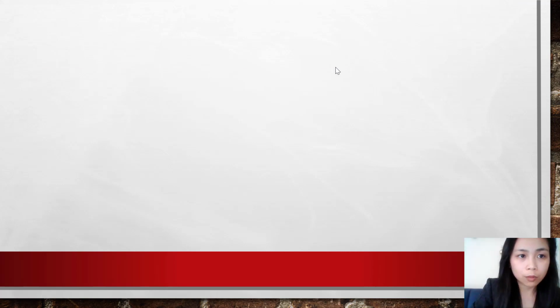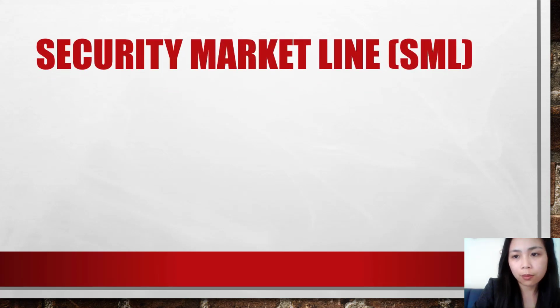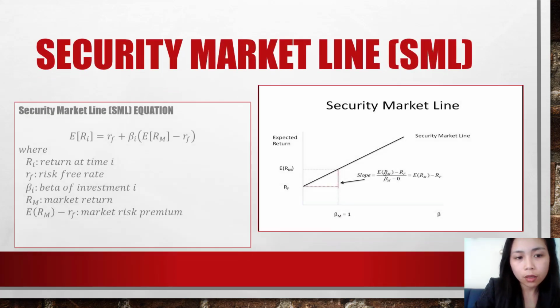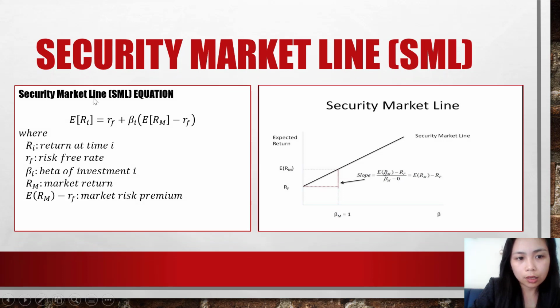So that was the capital market line. Now we consider the second line, the security market line (SML). Different from the capital market line, the security market line considers the expected return of the individual investment toward the market portfolio.